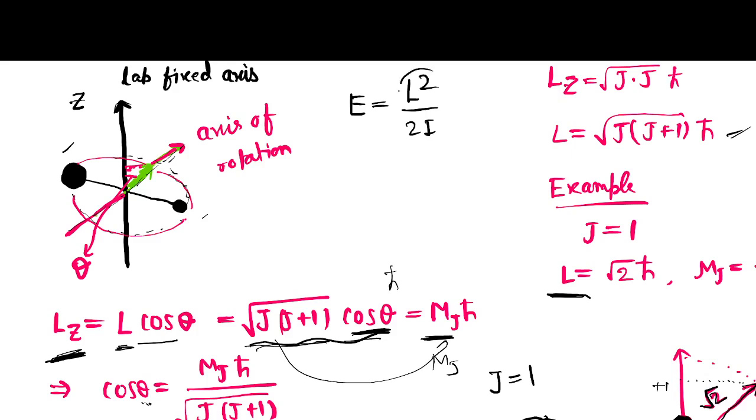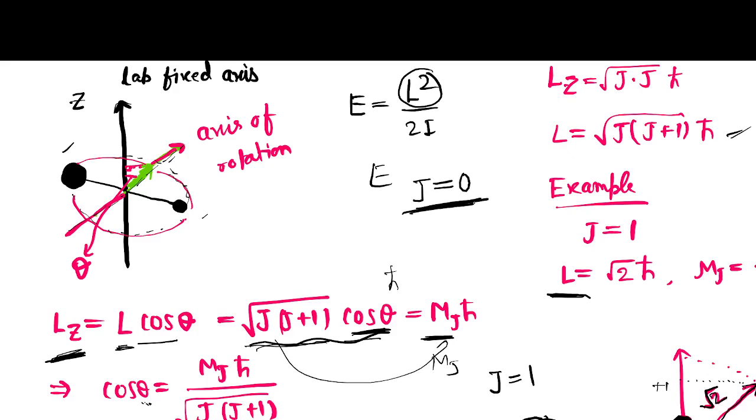So this L is the same, meaning energy will be the same for all these rotations, correct? And that's why we call it a degenerate state. They have the same angular momentum magnitude, meaning they will have the same energy but different directions, and this gives rise to degeneracy.